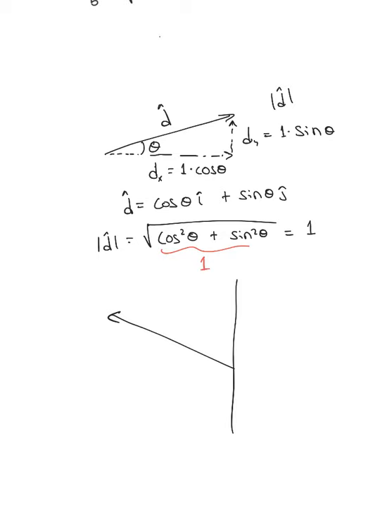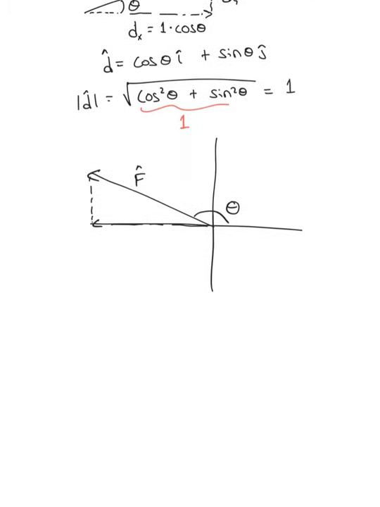And I have my axis, and I have some angle theta, such that this is my vector here, and I'll call it f hat. I can still write the components of f hat as the cosine of theta i hat plus the sine of theta j hat.